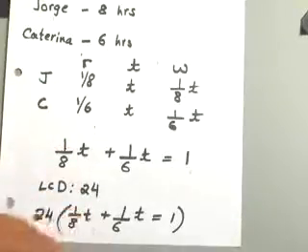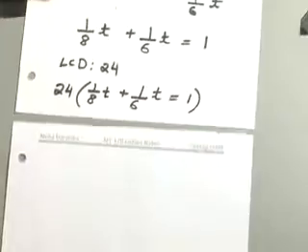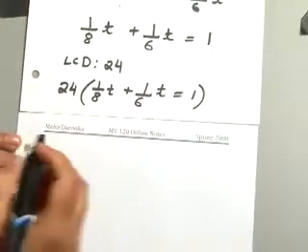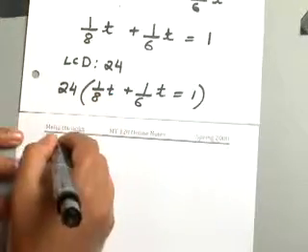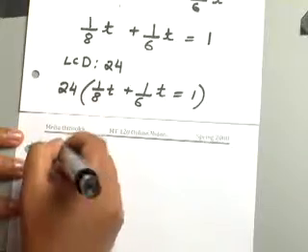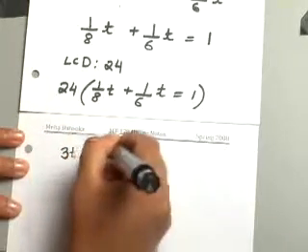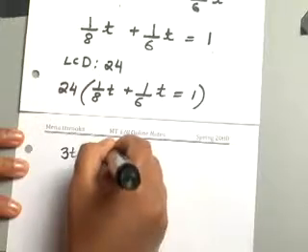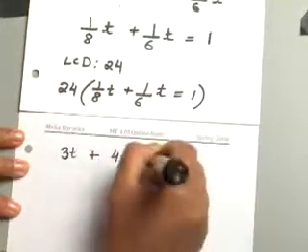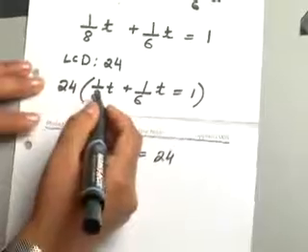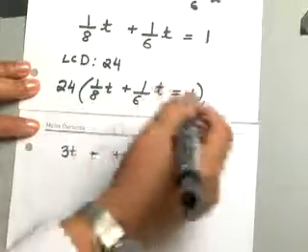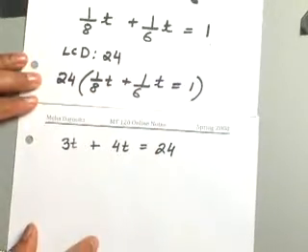And once you solve this, you should end up with 3T. Okay, if you multiply 24 into 1/8, 24 into 1/6, and then 24 into 1, you will end up with this.